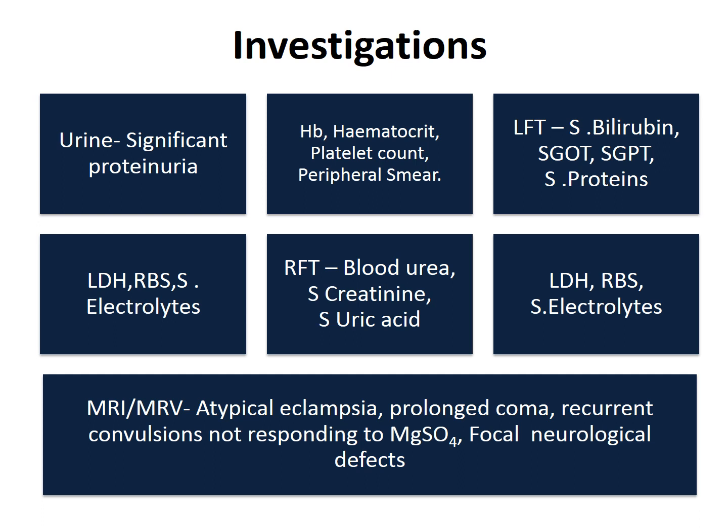An MRI or MR venogram is indicated only when there is an atypical eclampsia, prolonged coma, recurrent convulsions, not responding to magnesium sulfate, or focal neurological deficits, to rule out other cerebral causes of convulsion.